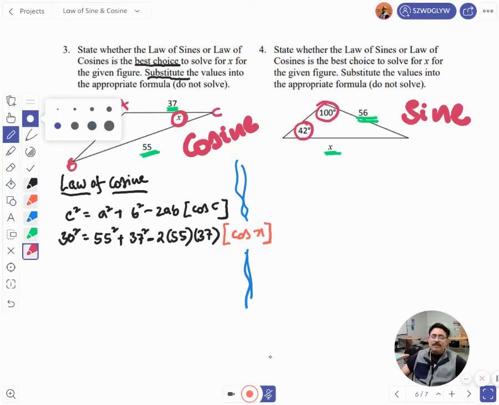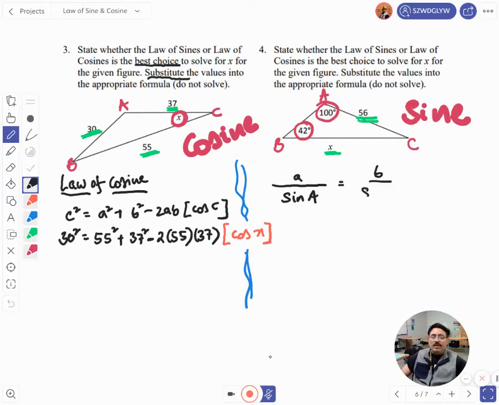Let me label this as A, B, and C. So a over sine A equals b over sine B equals c over sine C. How to solve that we'll discuss later.